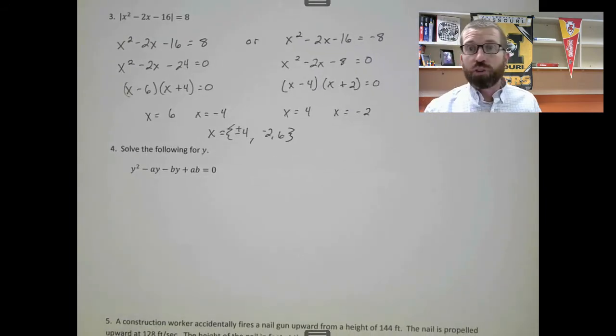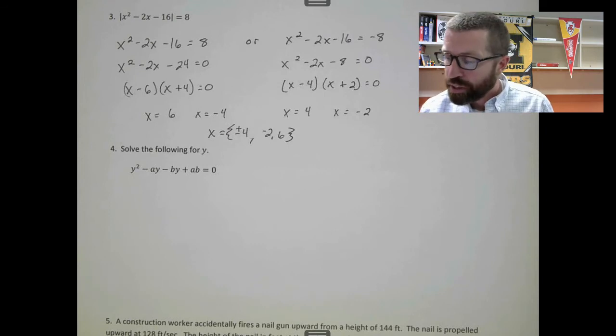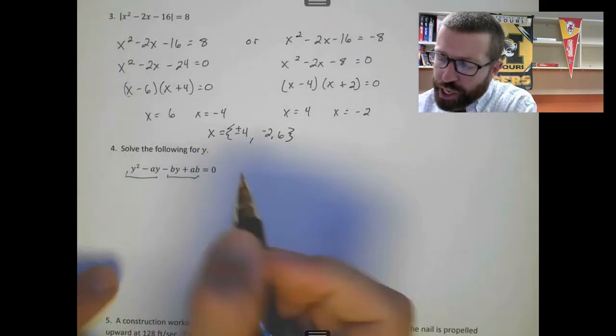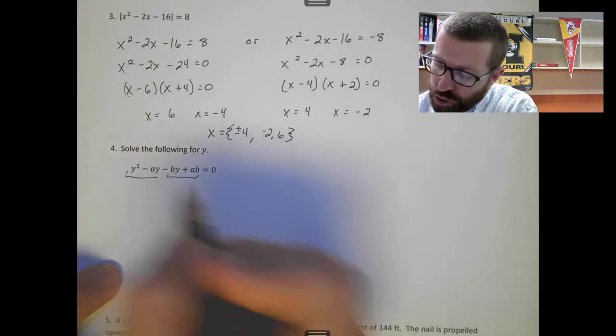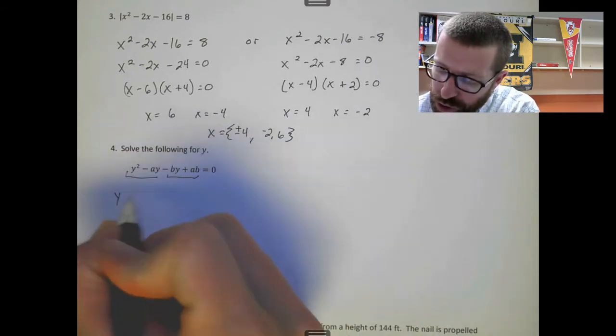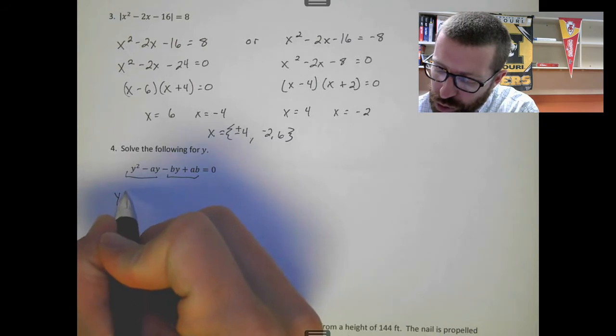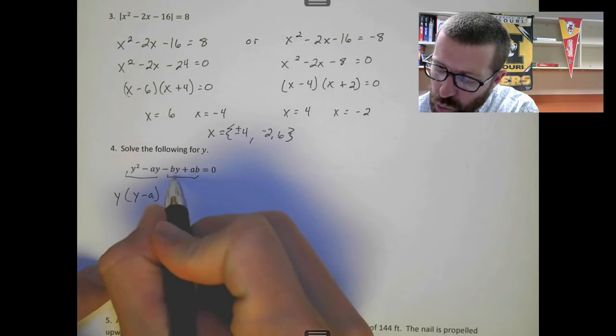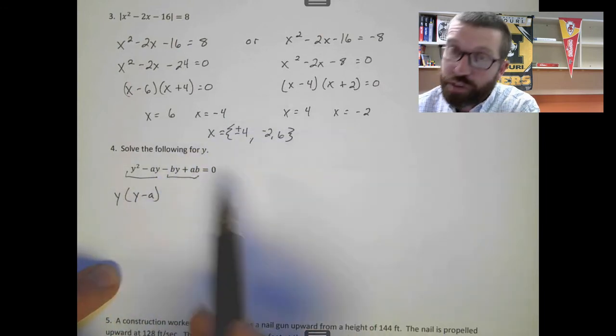Okay, on this next one, we're going to solve for y. And notice there's 4 terms. We're going to try to solve by grouping. So if I take a y out of the first 2 terms, we get y minus a. Sorry, not a y, a negative b is what these have in common.